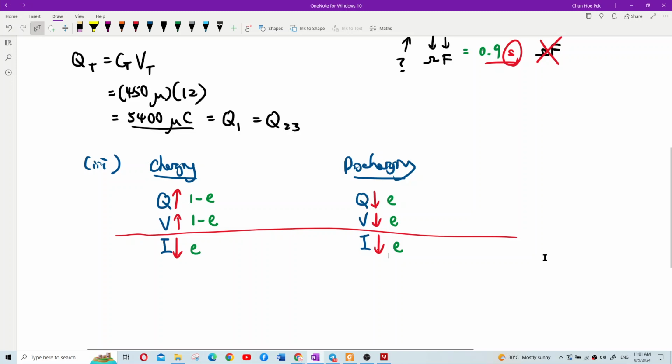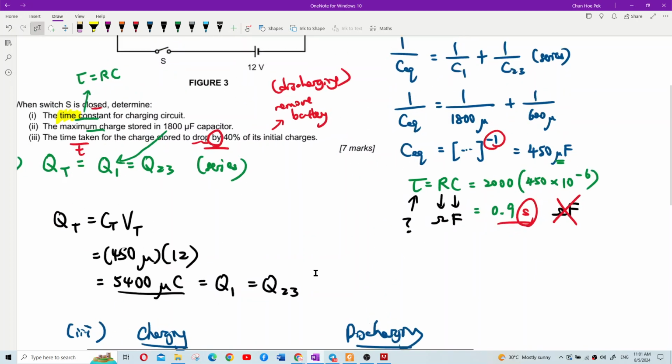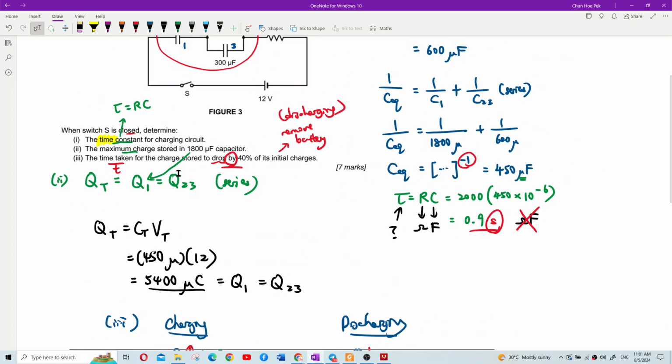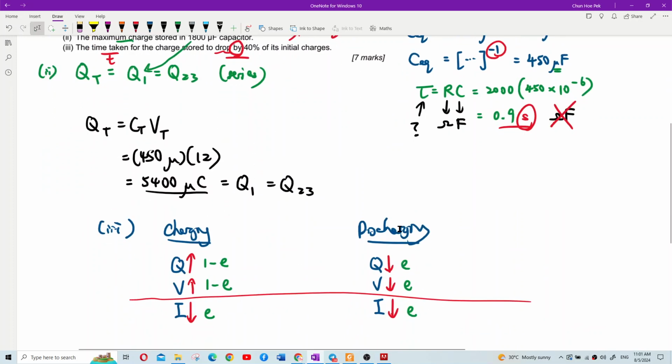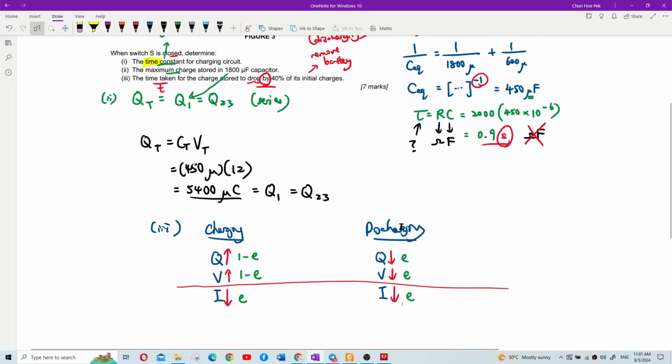So look at this. Back to this question. What does it say? Charging or discharging for question 3? Drop, he said charge drop. Charge drop means discharging. So it uses this formula, which is exponent. Some of you wrote 1 minus exponent.